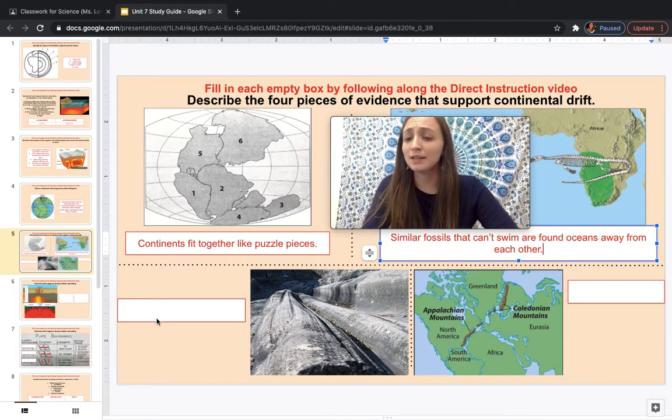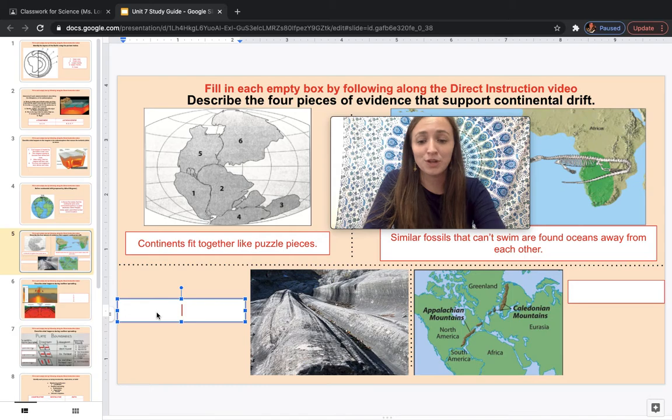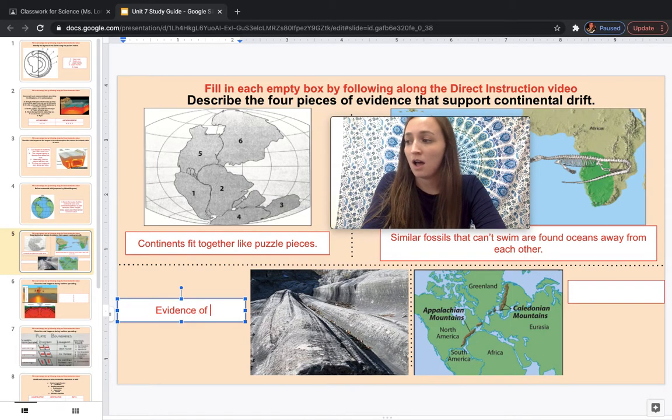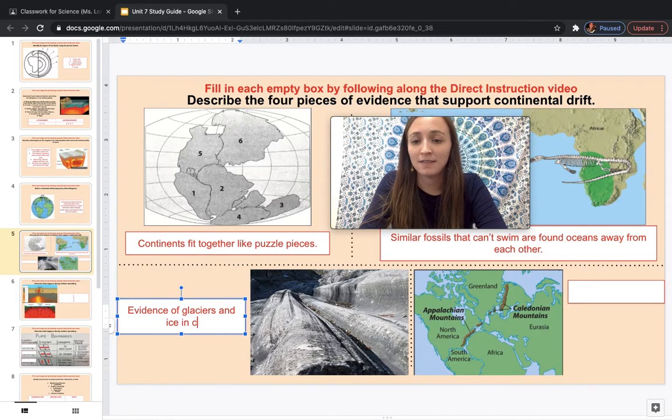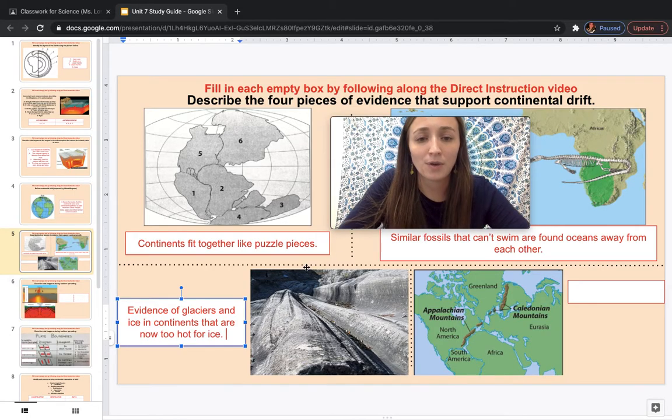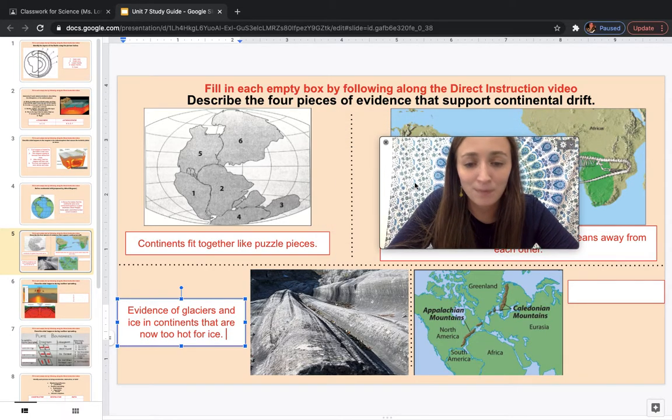Okay. Now we also have those climate clues. So we have evidence of glaciers, or large chunks of ice, in continents that are now too hot for ice. Okay, so what do I mean? What am I talking about? These right here are glacial striations, or cuts in rocks that were made from big pieces of ice, okay?